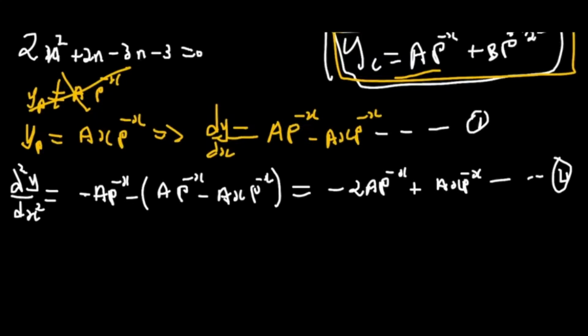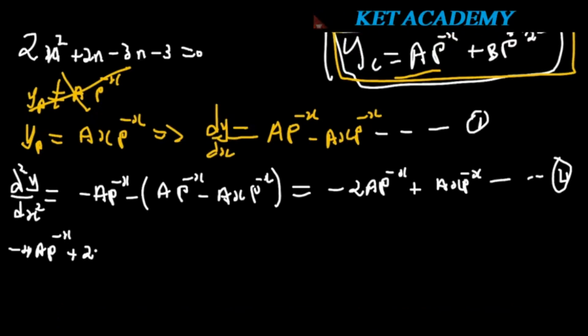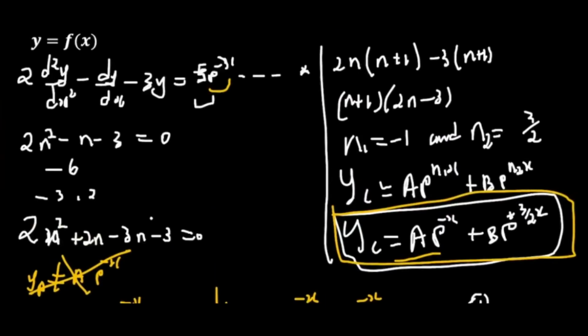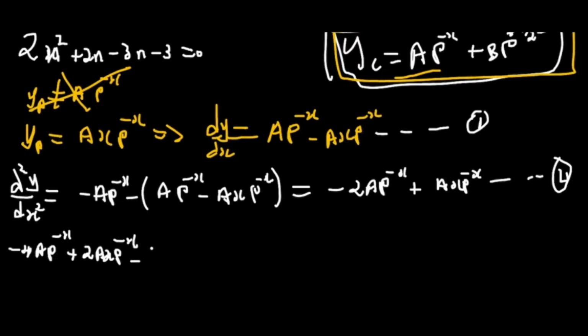We're going to multiply 2 times all of this, so it will simply be minus 4a e to the minus x, plus 2ax e to the minus x. Then, looking at what is above here, minus dy/dx will be minus the first derivative, which is minus a e to the minus x plus ax e to the minus x.